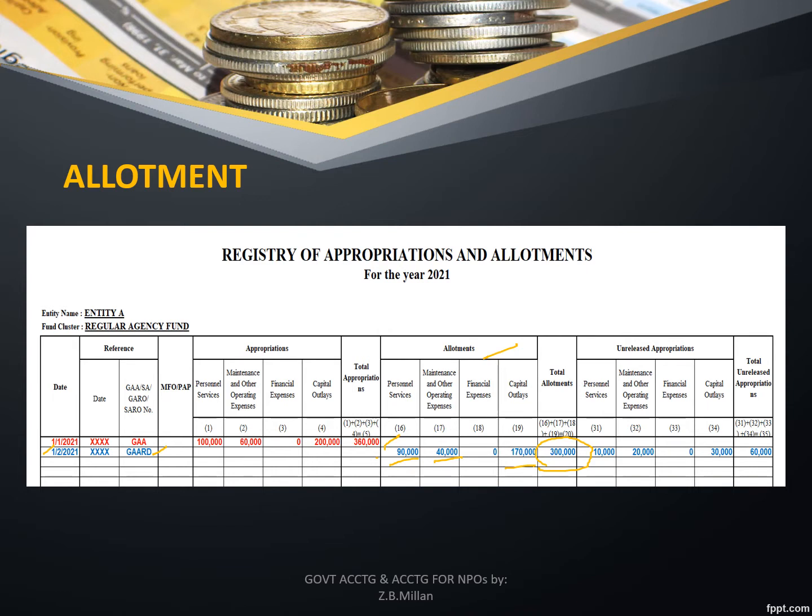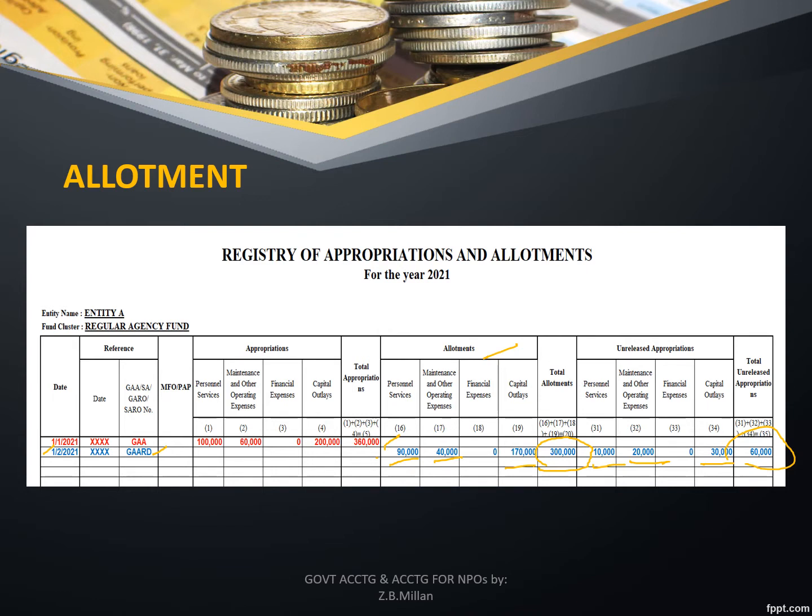Given that our received allotment is 90,000 for PS from the appropriation of 100,000, we have an unreleased appropriation for PS of 10,000, 20,000 for MOE, and 30,000 for capital outlay, with total unreleased appropriation of 60,000. So this is how we record the receipt of allotment in the Registry of Appropriations and Allotment.